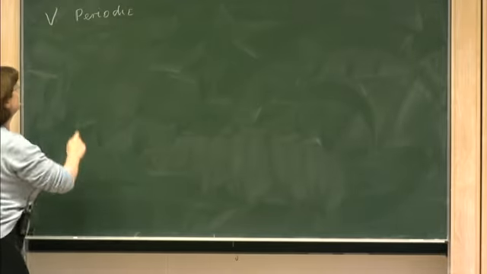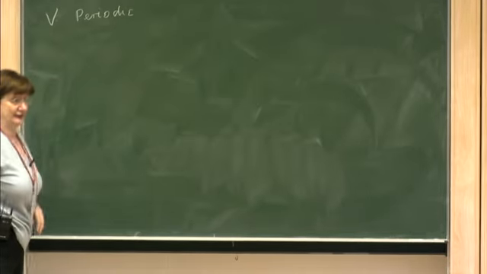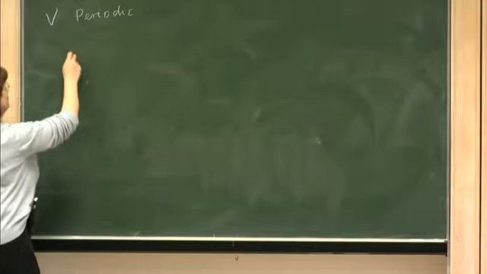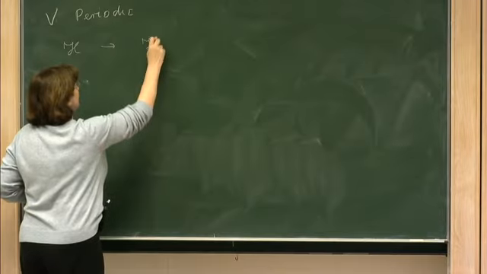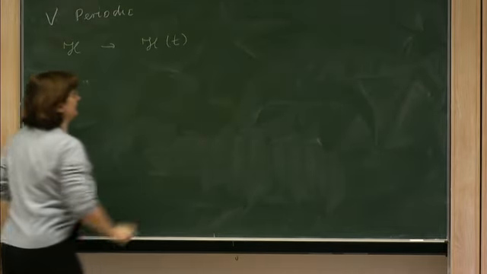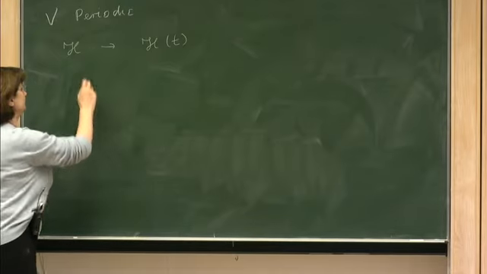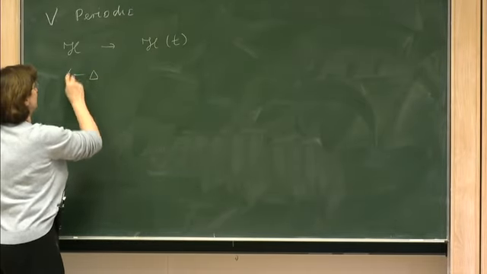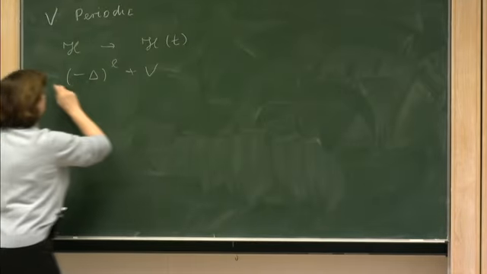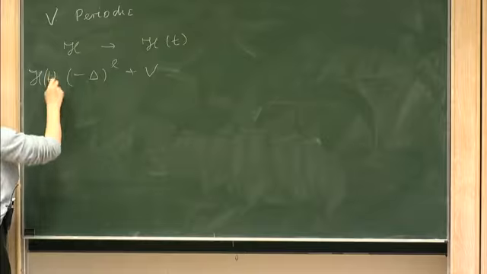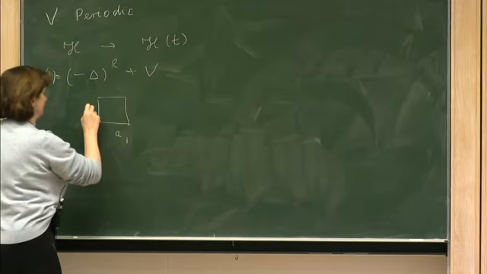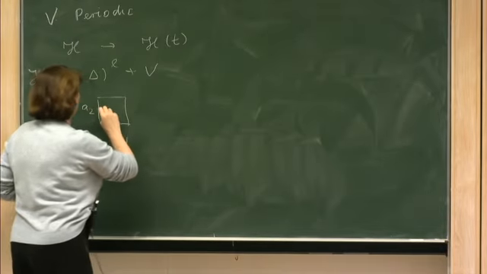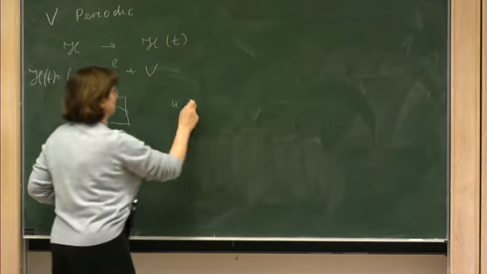For the periodic case, we are lucky to have the Bloch representation theorem. Basically, we replace H by a family of operators H_t, and each H_t is described by the same differential expression, but we consider a box of the period, say a1, a2, and here we have a quasi-periodic condition.